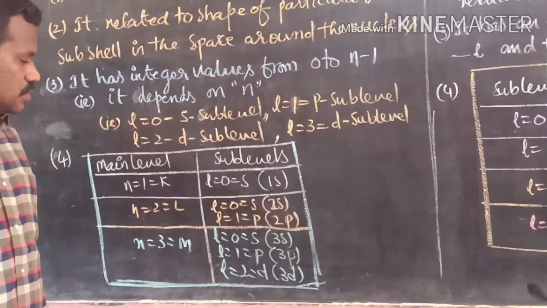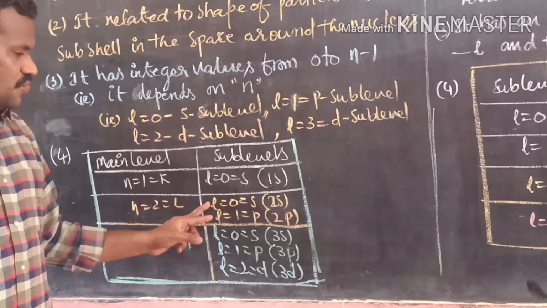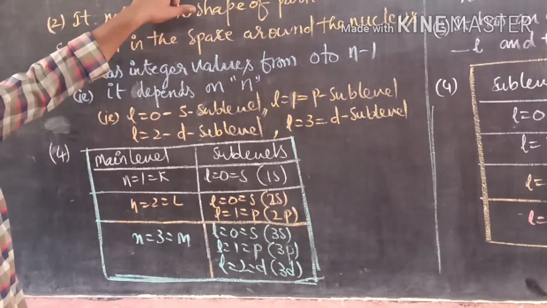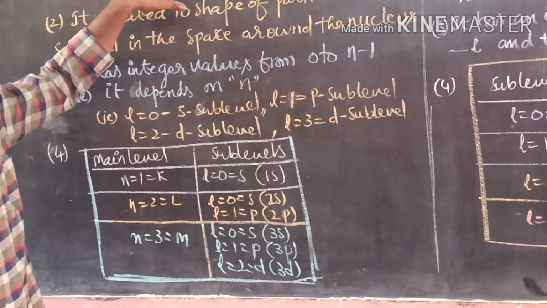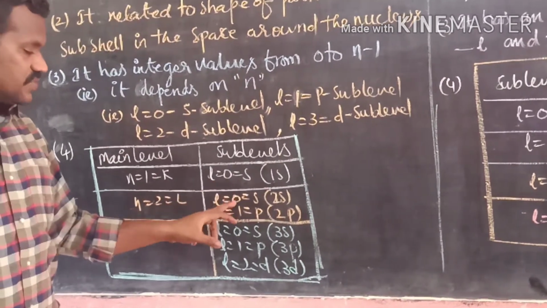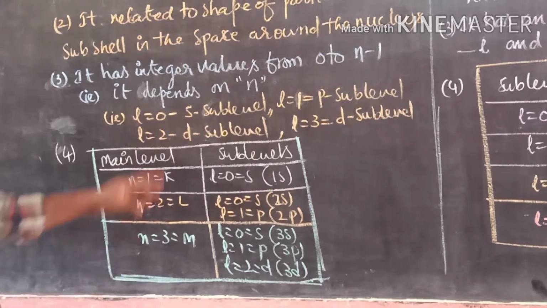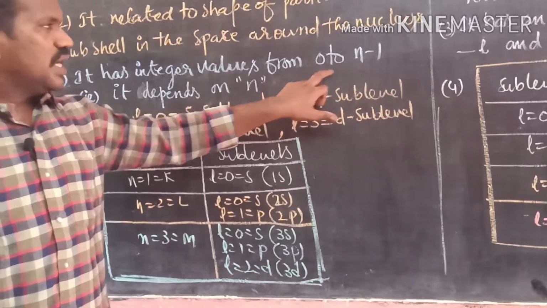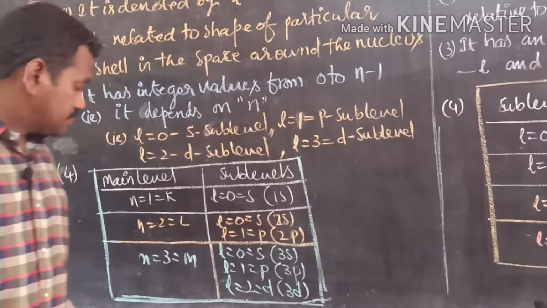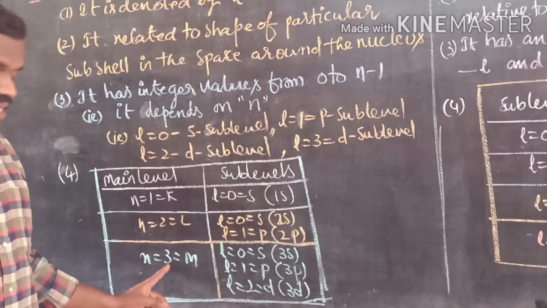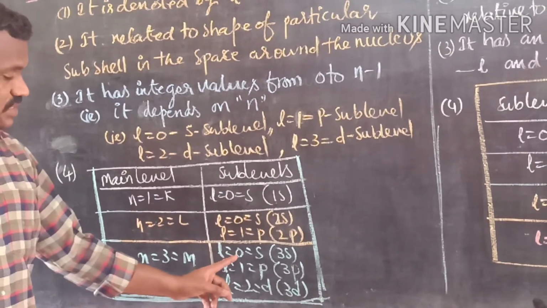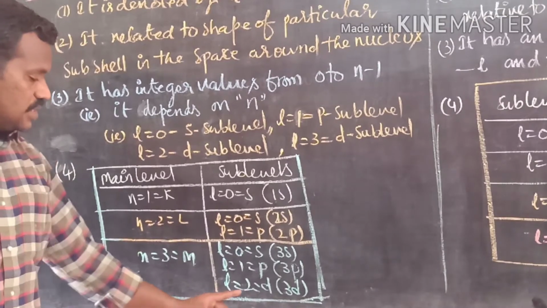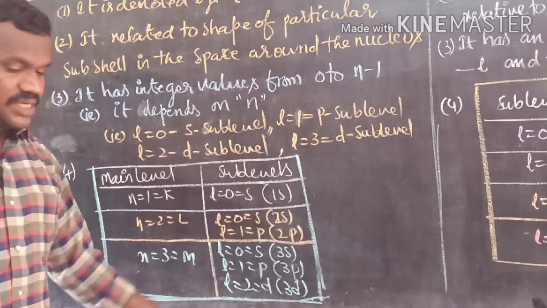The l value, which indicates the sublevels and is called the angular momentum quantum number, always starts from 0. It takes integer values from 0 to n minus 1. For example, main level 3 sublevels start from 0 and end at 2, and this 2 can be written as 3 minus 1.